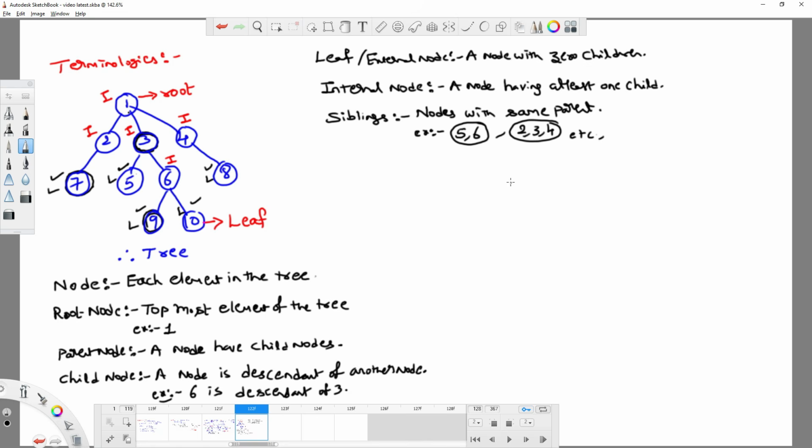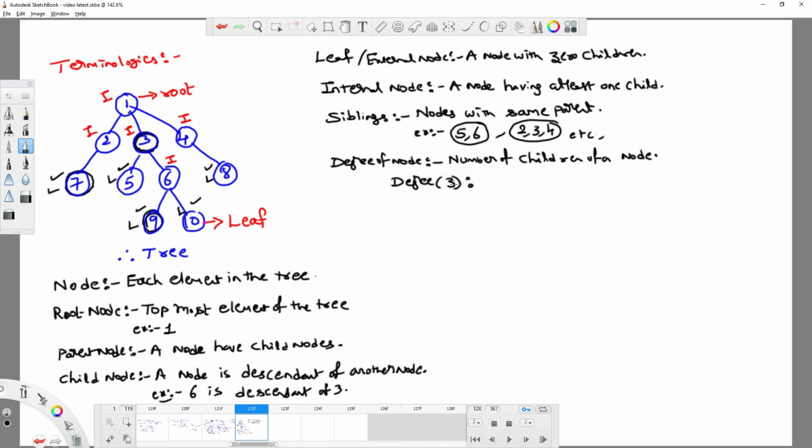Next, degree of node. What is the meaning of degree of node? The number of children of a node, we call it the degree of node. What is the degree of node 3?